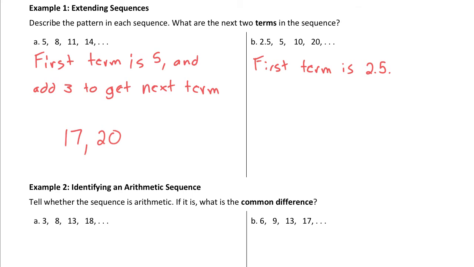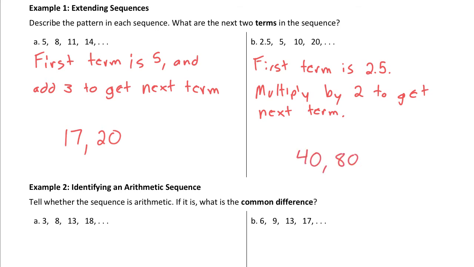To get the next term, we multiply by 2. So my next two terms, 20 times 2 is 40, 40 times 2 is 80.